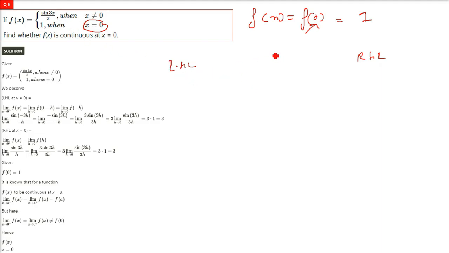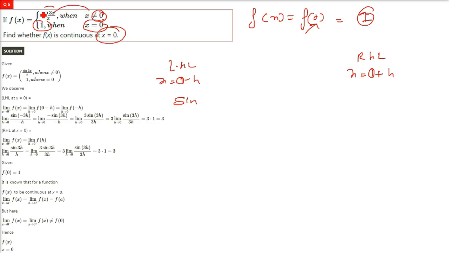So what we are going to put here: x will be equal to 0 minus h, and x will be equal to 0 plus h. I'll just change it, it is not 1 minus h. It has to be checked at 0. So 0 minus h and 0 plus h. Okay. So it is sine.